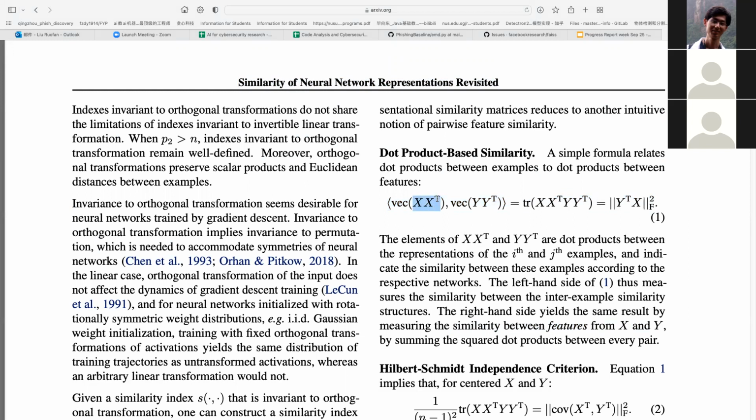Oh, yes. And Y times Y transpose is another kind of representation of the training samples. Yeah, of the same set of training samples, but using another representation. And it is equal to the Frobenius norm of Y transpose X. And Y transpose X can be seen as the inner product between the features for Y and features for X.